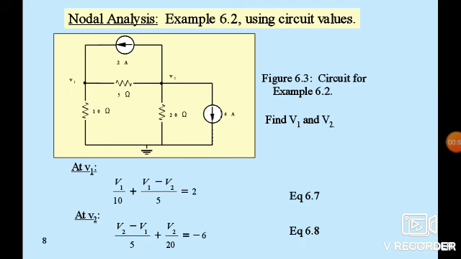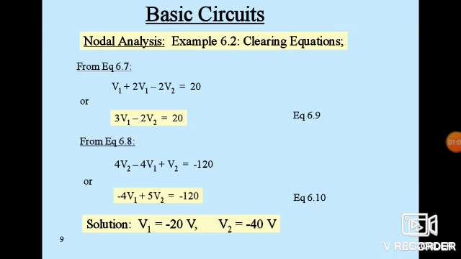There will be two outgoing currents: 4 amps is an outgoing current and 2 amps is also an outgoing current for the node V2. Therefore, minus 6 amps is the value of the current. Therefore, the equation for the node V2 is (V2 minus V1) divided by 5 plus V2 divided by 20 equals minus 6. So we have to clear the equation.